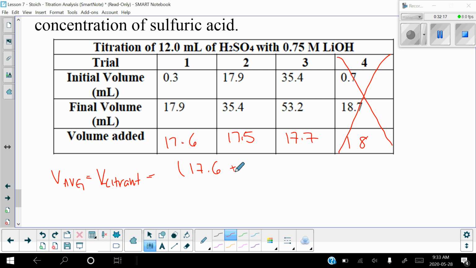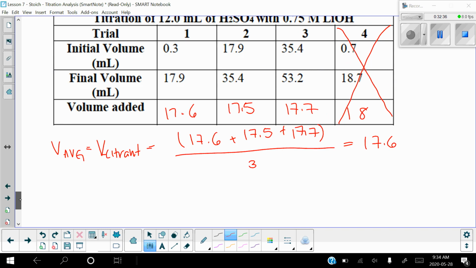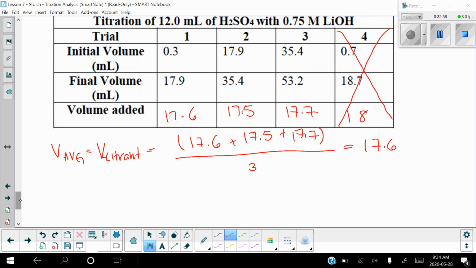And sometimes you may only have 2 numbers. Sometimes you might be able to use all 4 of your numbers. It's all based on your data. In this case, we ended up with 3. So my average volume then becomes 17.6. Lovely.